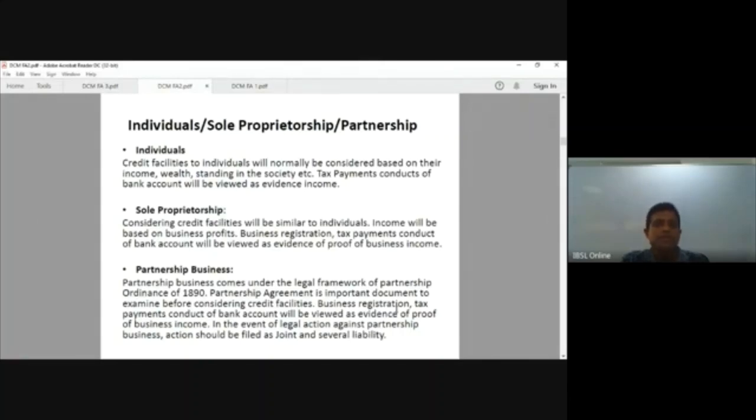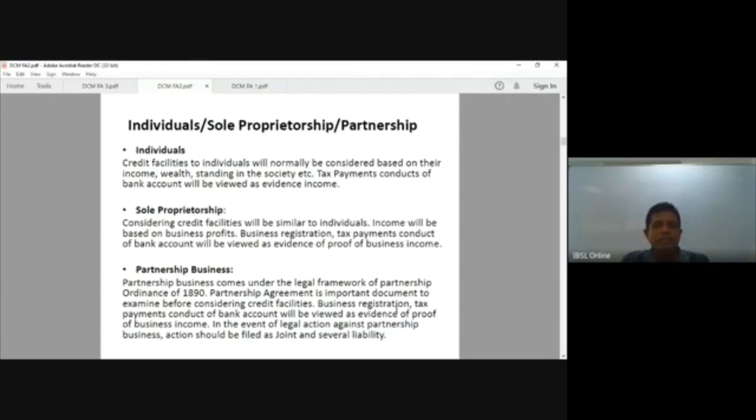Similar to an individual, under sole proprietorship also, apart from the things that we consider under individual, in addition there should be some business. Therefore, considering a credit facility will be similar to an individual. Income will be based on business profit, right? Based on the business, business registration, tax payment, and conduct of the bank account will be viewed as proof of business income.